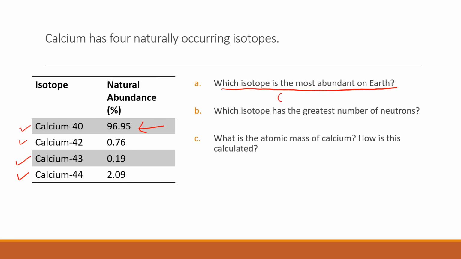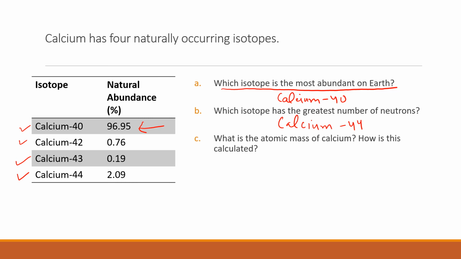So the answer is calcium 40. The second question is, which isotope has the greatest number of neutrons? The isotope with the largest atomic mass has the greatest number of neutrons. So the correct answer is calcium 44.